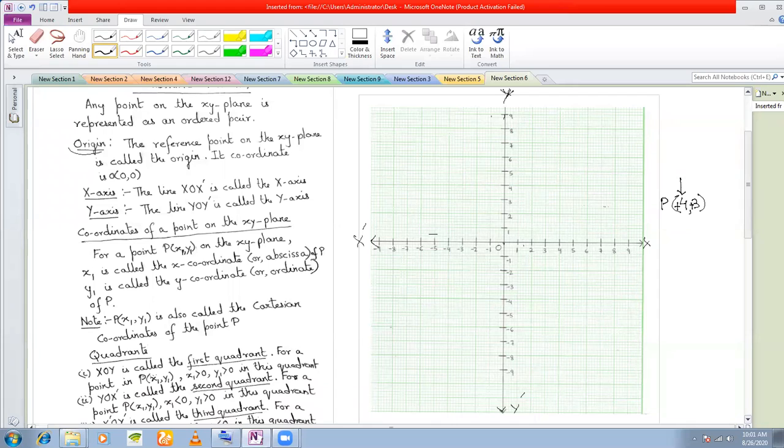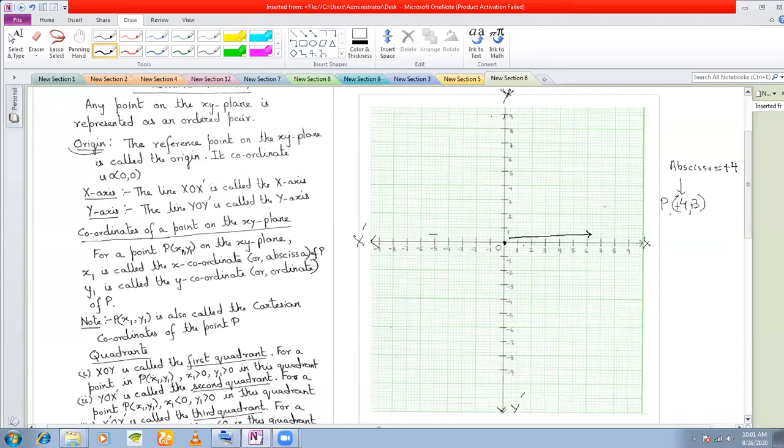+3. So what we do here is, since this abscissa, or the x coordinate, is equal to +4, from the origin you start moving towards the positive direction of x.